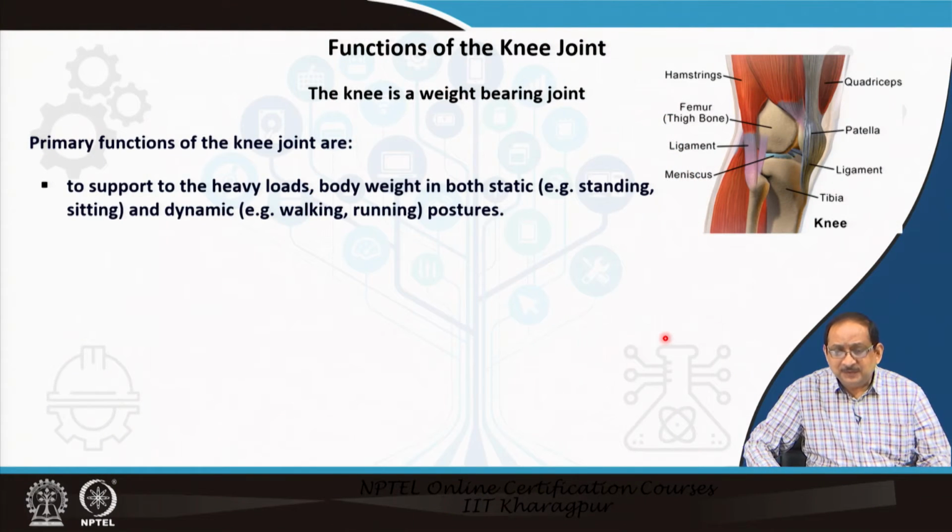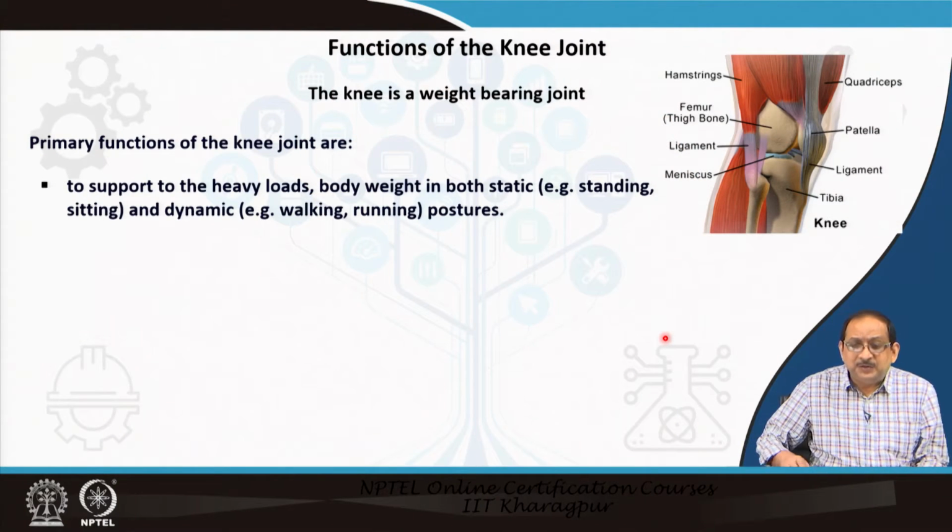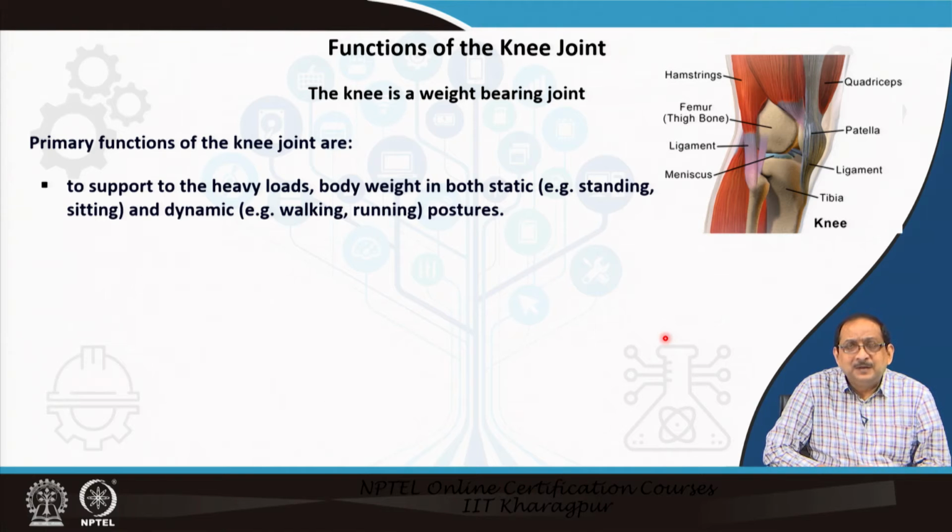The function of the knee joint is discussed in this slide. We have to keep in mind that the knee is a major weight bearing joint in the lower extremity.